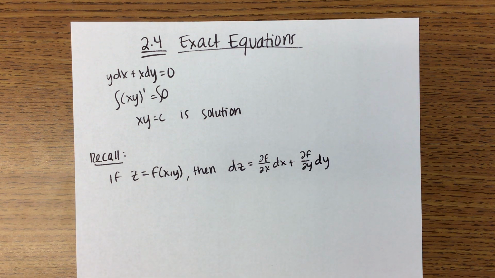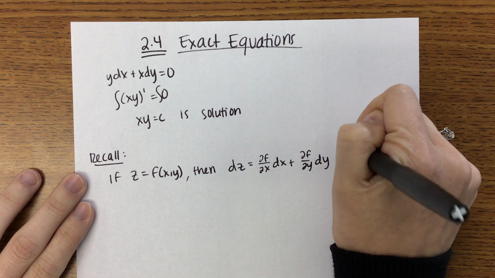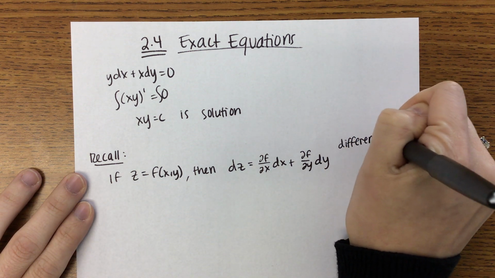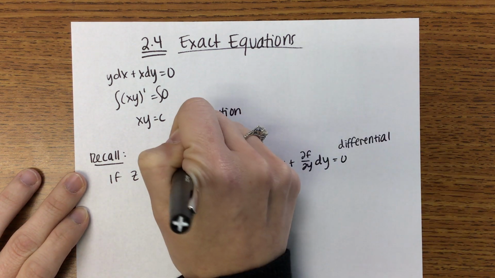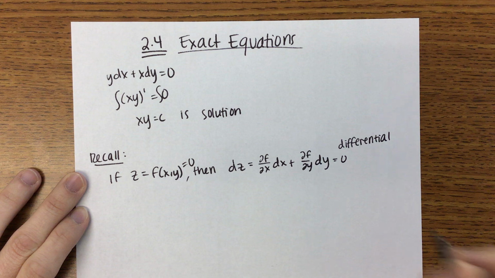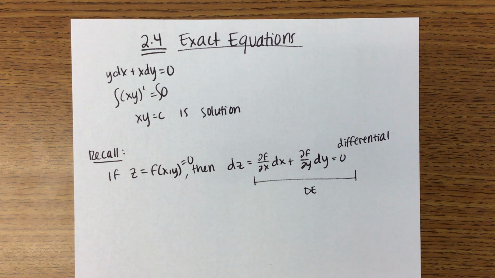Do you remember what that's called? The dz from last semester? The differential. Yeah, this is called the differential. Okay, so what we're going to be looking at is when you set this equal to 0. This part then is called your differential equation.